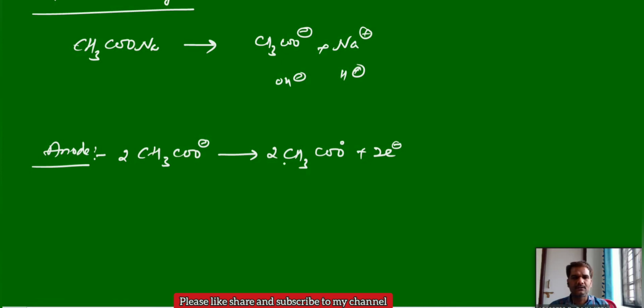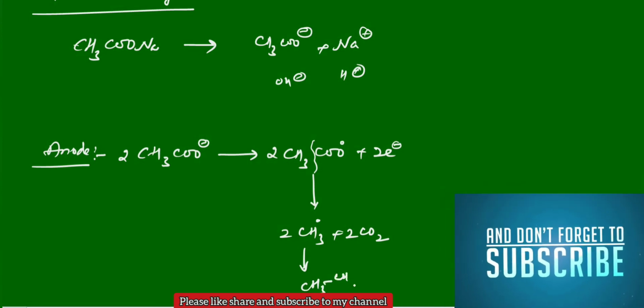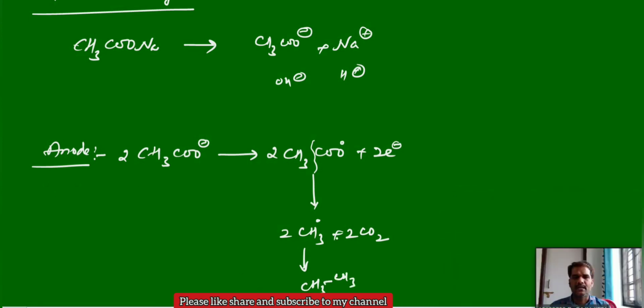So 2 electrons it can liberate, it can form 2 radicals, and this can split further. This molecule will break here, it liberates the carbon dioxide with the releasing of methyl radical, and these 2 methyl radicals will combine with each other and form ethane. So this kind of chemical reactions can take place at anode, means liberation of carbon dioxide and liberation of ethane.